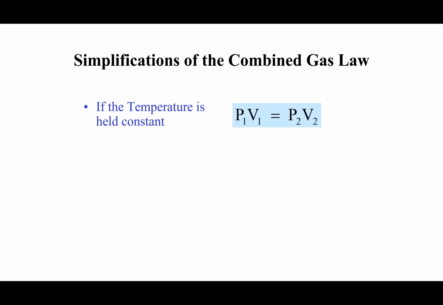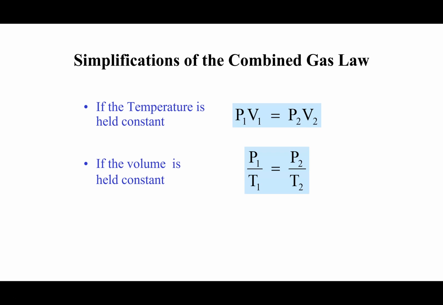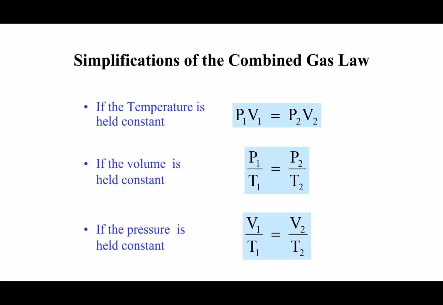Then it simply becomes P1, V1 is equal to P2, V2. What if your volume is held constant? Then it simply becomes P1 over T1 is equal to P2 over T2. And finally, if your pressure is held constant, then you end up with V1 over T1 is equal to V2 over T2. They're just different versions of the combined gas law equation.